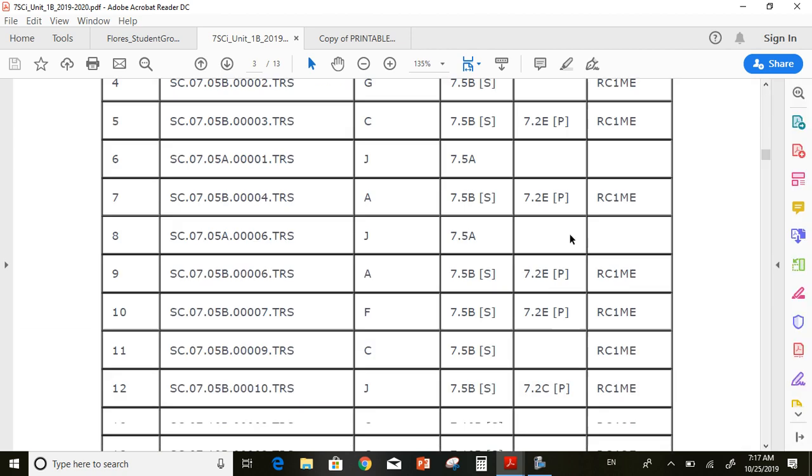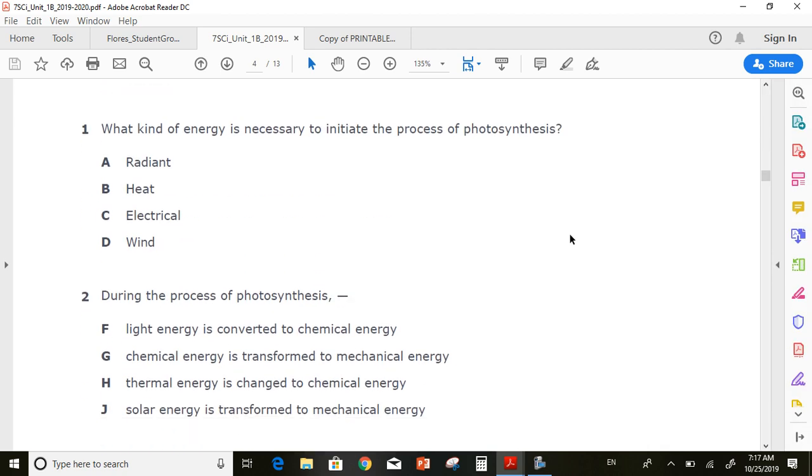Alright, so let's start with the test. Question number 1. It says, what kind of energy is necessary to initiate the process of photosynthesis? So first of all, I'm going to circle some keywords. Energy. So we're looking for a type of energy. Initiate.